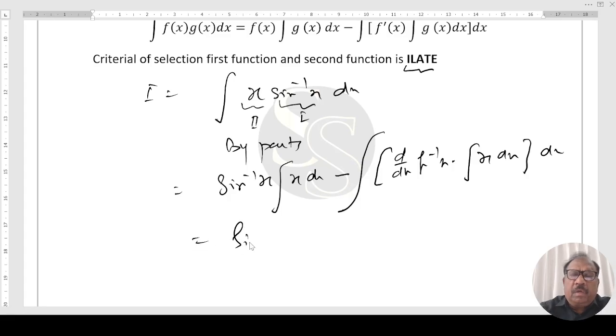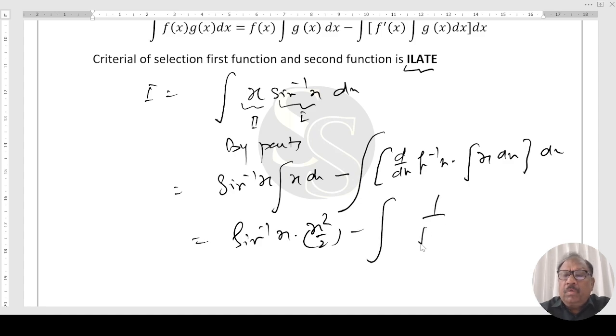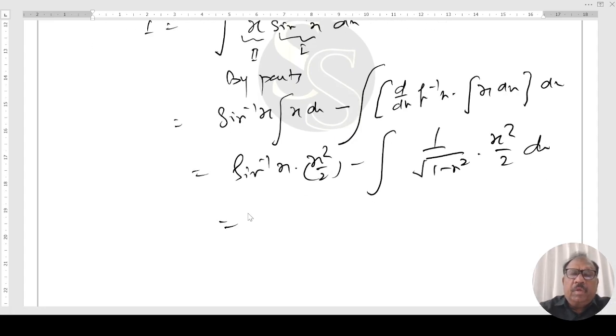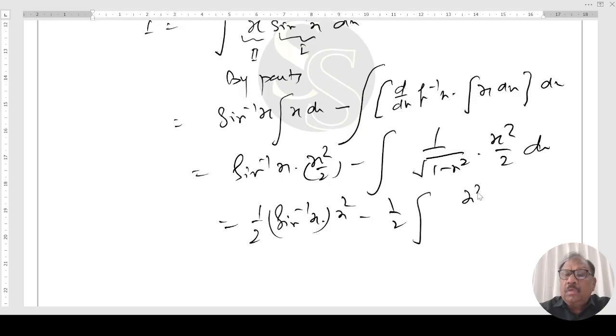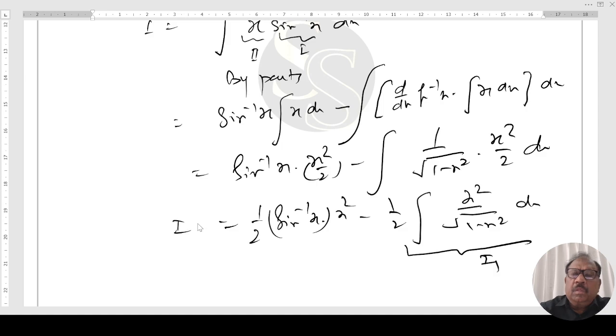On simplification, we get sine inverse x into x squared by 2 minus 1 over under root 1 minus x square into x squared by 2 dx. On simplification, 1 by 2 sine inverse x into x square minus 1 by 2 x square upon under root 1 minus x square dx. Let this be I1, this is I, this is equation 1.